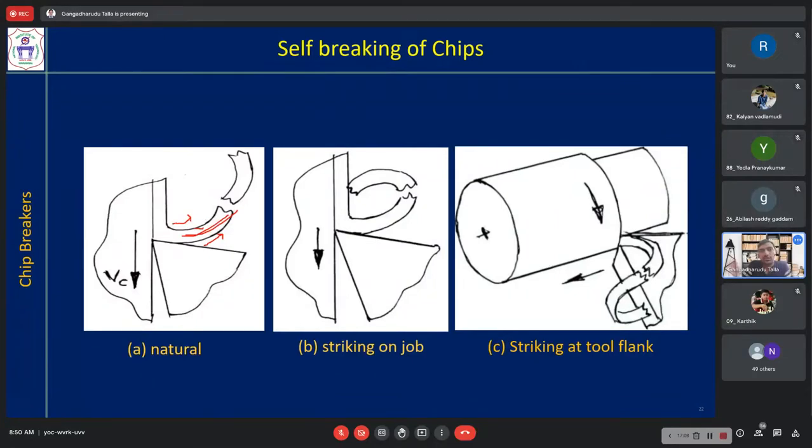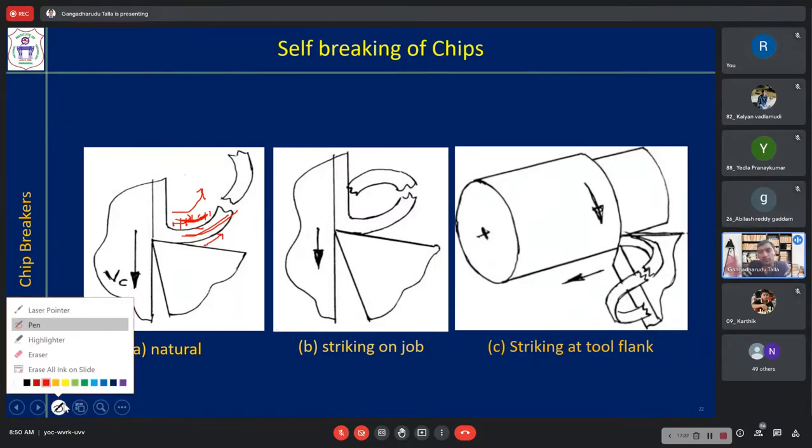So due to that, the material here is compressed because it is trying to move fast, but it cannot. So compression of the material is taking place within the chip also. Whenever there is compression here, it will automatically come close, or it is trying to curl. So these are some of the reasons.